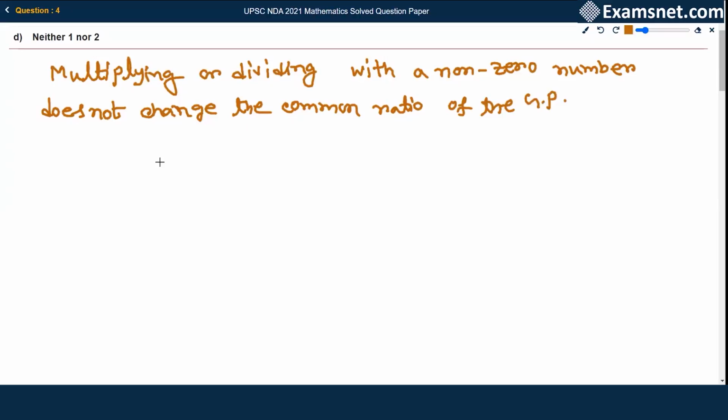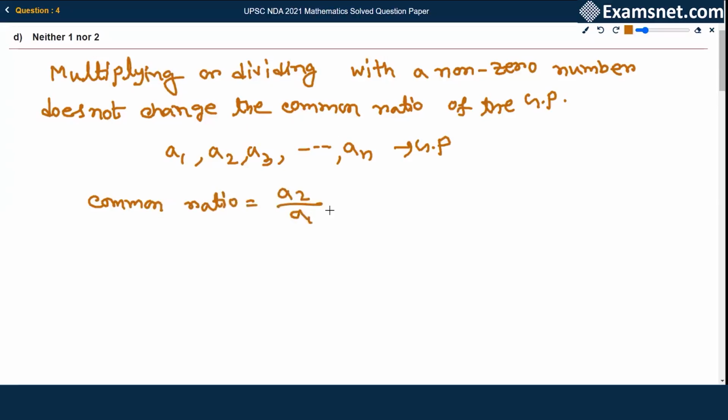Okay, so we can first consider a sequence. Let's say A1, A2, A3, dot, dot, dot, up to AN is in GP series. Fine. So the common ratio can be found by A2 by A1, A3 by A2, or AN by AN minus 1, this way.